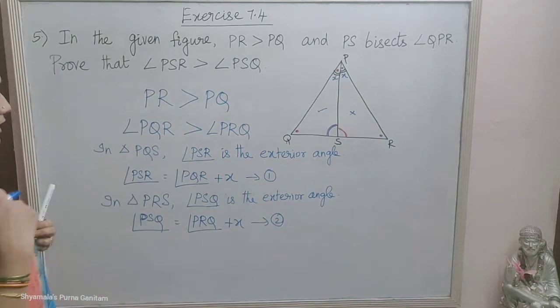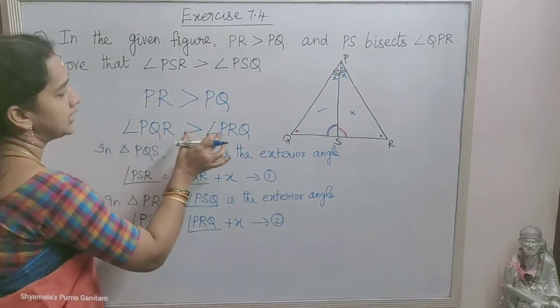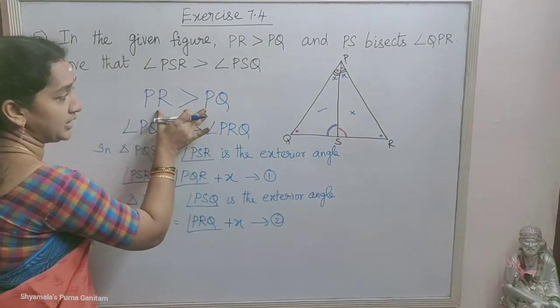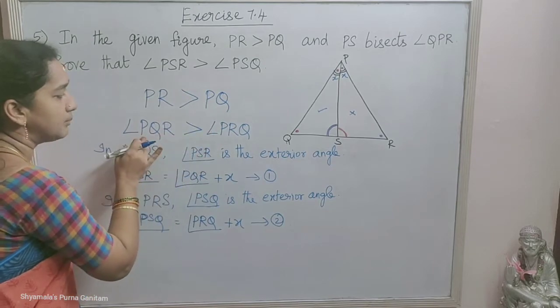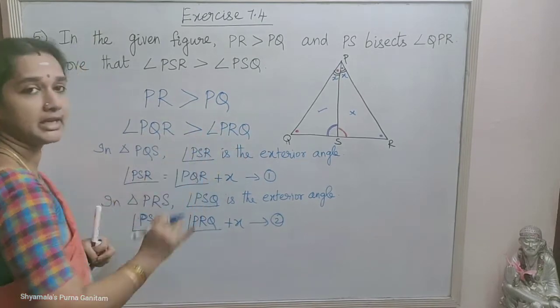In the question it is given that PR is greater than PQ. From that we have derived that angle PQR is greater than angle PRQ.